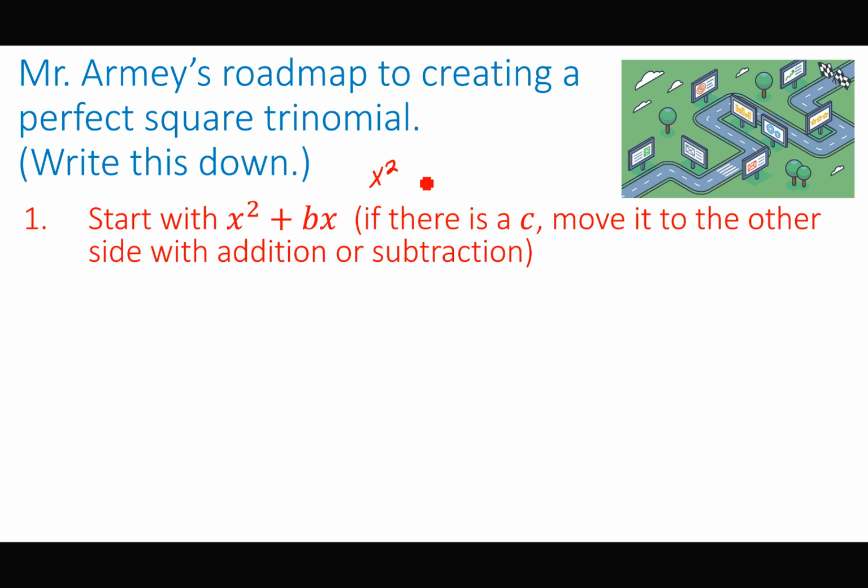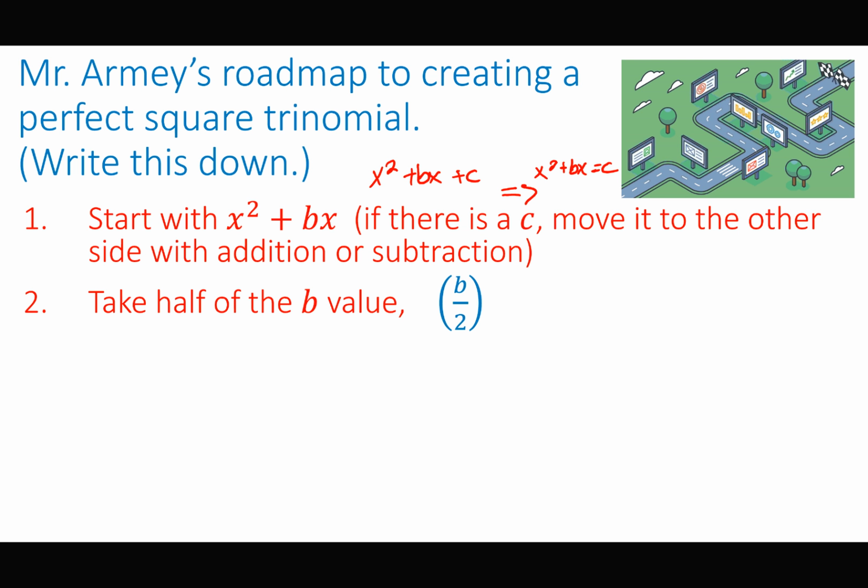So if we had x squared plus bx plus c, we would simply write it as x squared plus bx equals c. Don't worry about the sign on c right now. C just represents some constant value. It could be negative, it could be positive. We're going to move that c to the other side.